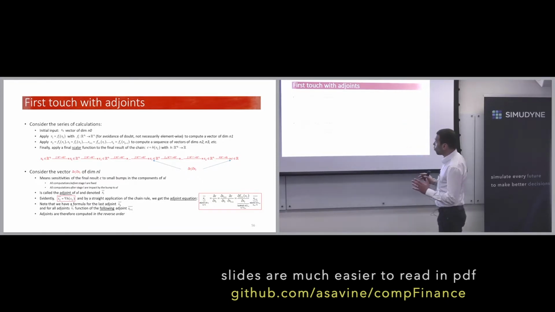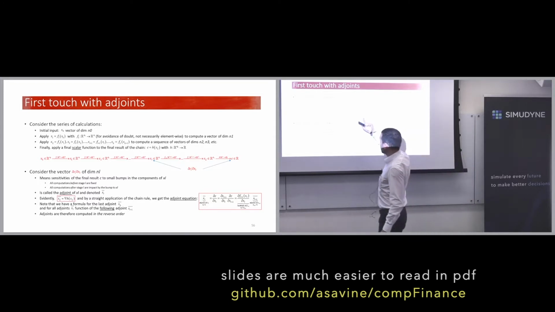So first of all, what does it mean exactly? What's the intuition behind it? That means that we keep all the calculations up to xL constant. Then we bump by a small amount, one by one, the components of xL.